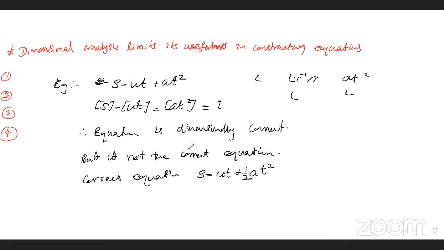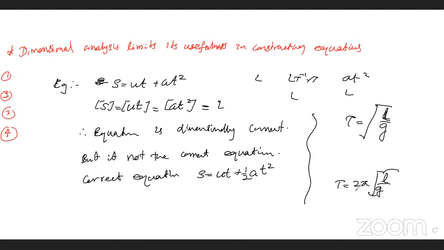You can write another equation: if you write T equals the square root of L over g, it's also dimensionally correct, but the wrong equation. The correct equation is T equals 2π times the square root of L over g. That constant is without dimension.